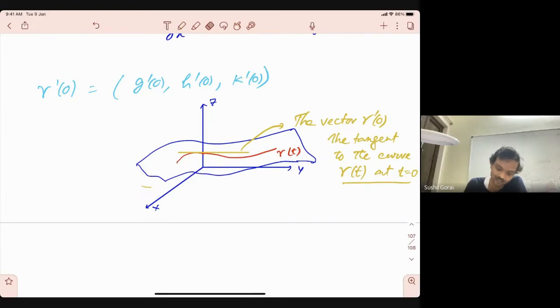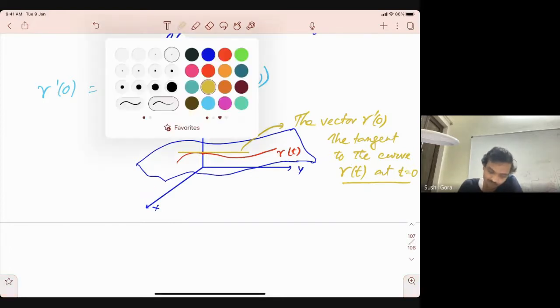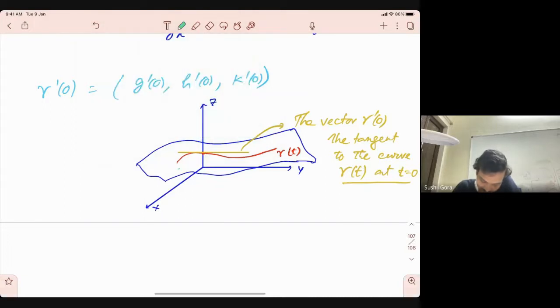But you can have a different curve, something like this, and the tangent here will be different. Suppose this is alpha(t), and so this will be alpha'(0), this vector. This also will be a tangent to the curve alpha, but this will also lie in the tangent space of the surface.